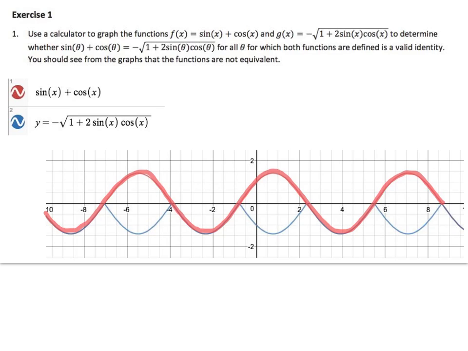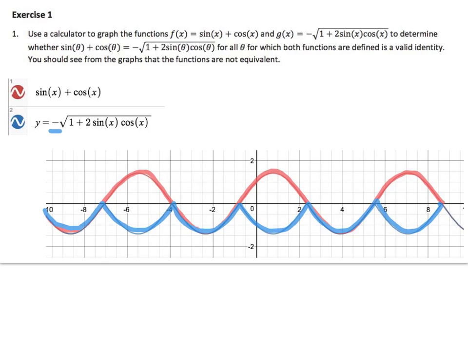Then I graphed negative square root of 1 plus sine x cosine x, and I got this fun shape. That right there shows me that they're not equivalent. Just looking at the graphs, you can see that the functions are not the same. They would overlay each other perfectly if they were equivalent.